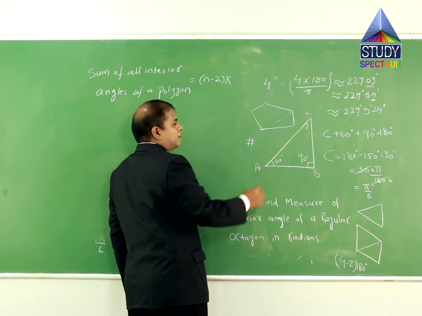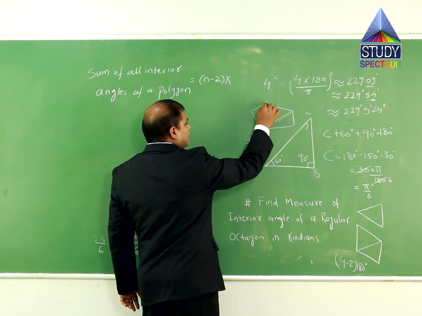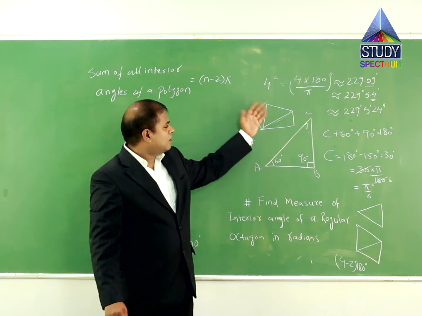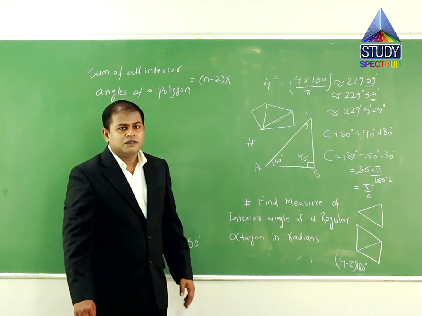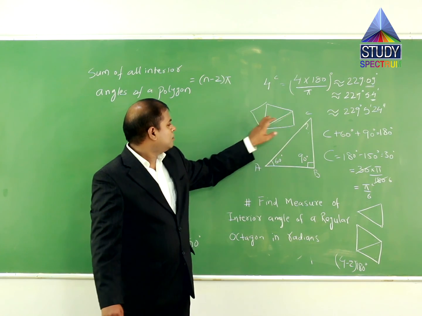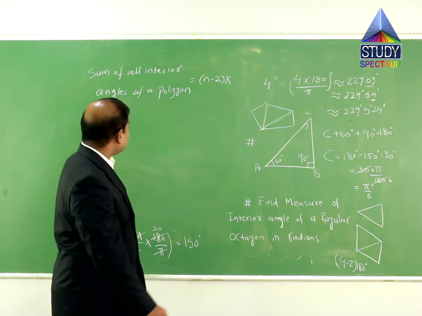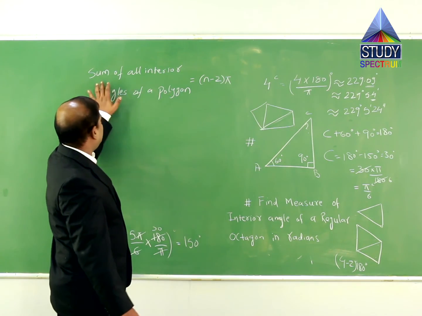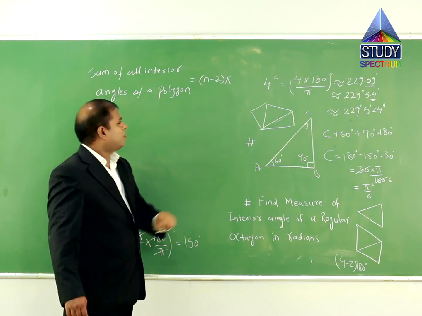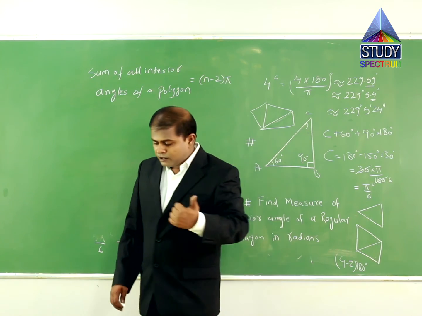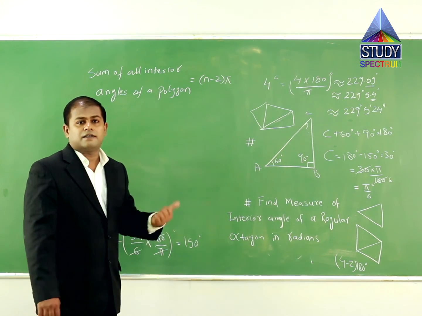So how many triangles are formed? 3. 5 sides, 2 sides are gone, 3 triangles are formed. So the answer would be 5 minus 2 into 180. Right? So the general formula is, the sum of all interior angles of a polygon is n minus 2 into 180 in degrees, so n minus 2 into pi radians.